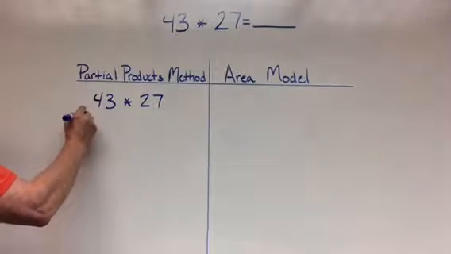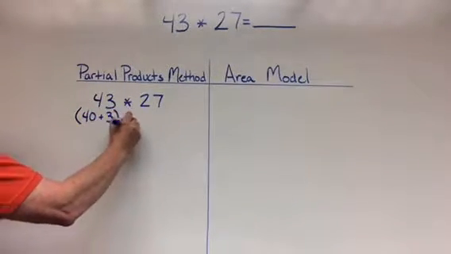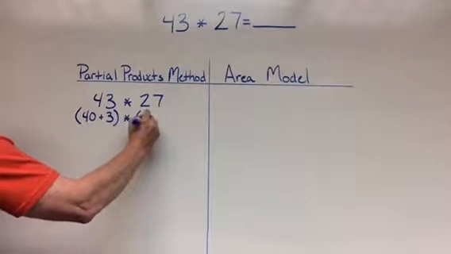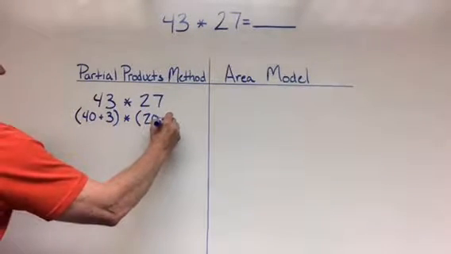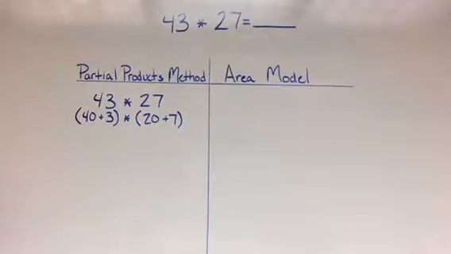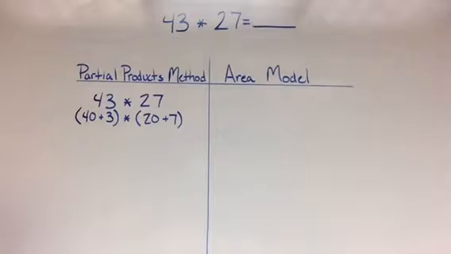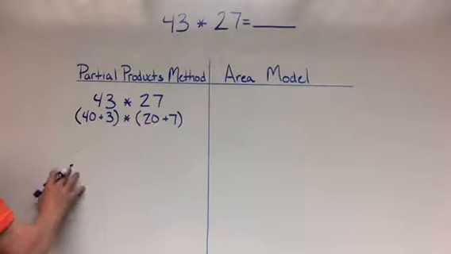So 43 is 40 plus 3, and I'm really multiplying that by 20 plus 7. So this shows the place value of each of those numbers. Because what's going to happen here is I'm going to be multiplying the place values of this factor by the place values of the second factor. Okay, so I am going to start that process.